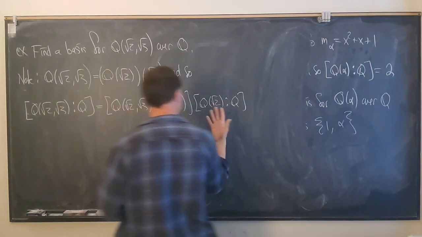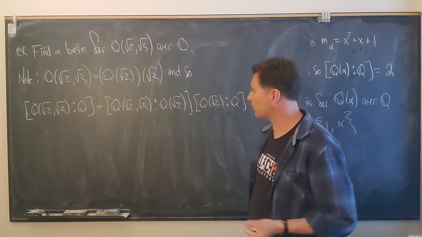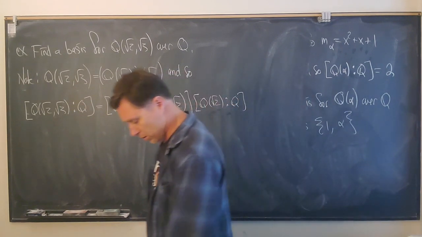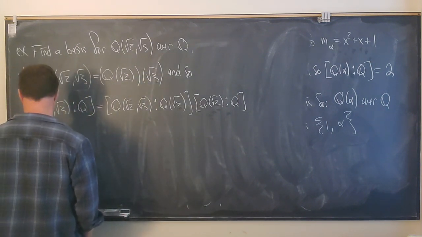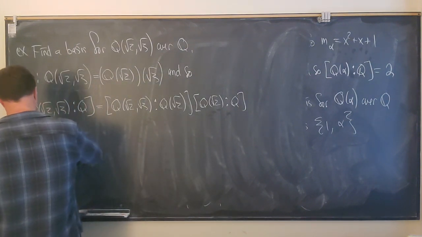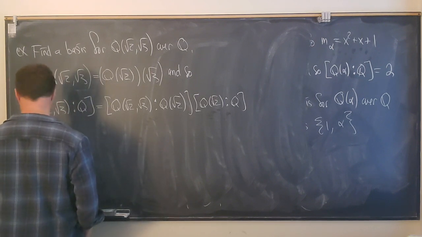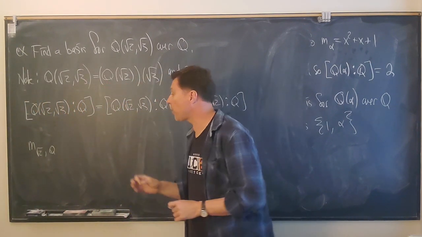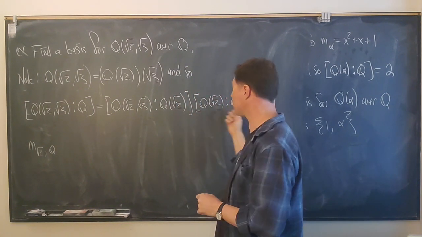So let's look at each of these extensions individually to find who the bases are. So first of all, the minimal polynomial, let's just do it like this. m sub square root of 2, Q. Remember now, we're going to have to be specific about which minimal polynomial we're talking about, because we have scalars coming from two different fields in this case.